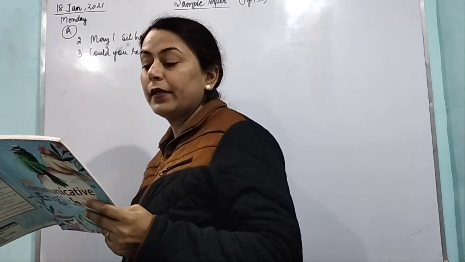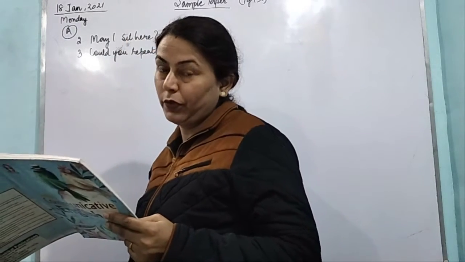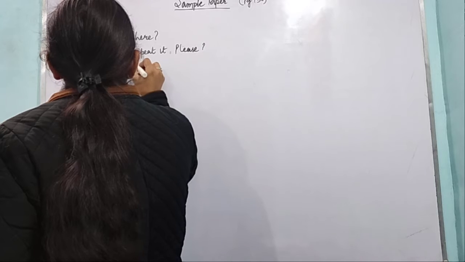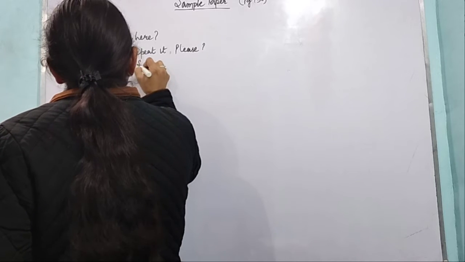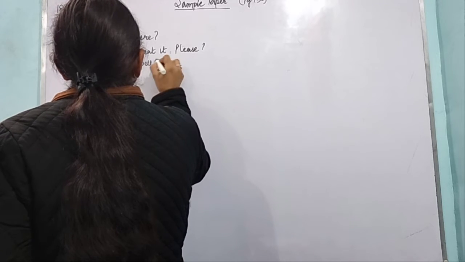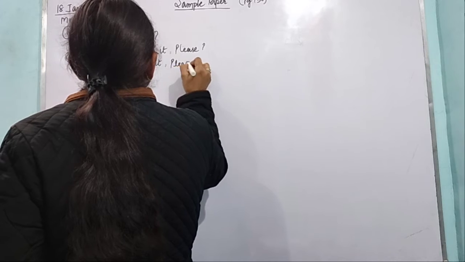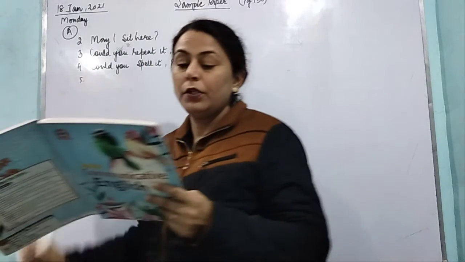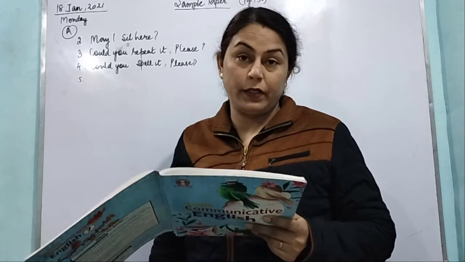You are in a class and you want someone to spell something for you. So again you will start with, could you please spell it? Fifth, you are in class and you want to leave early.